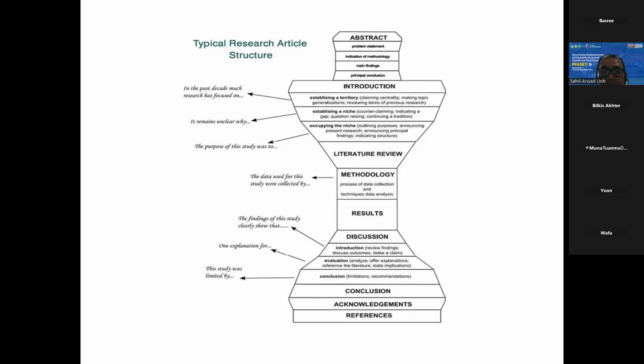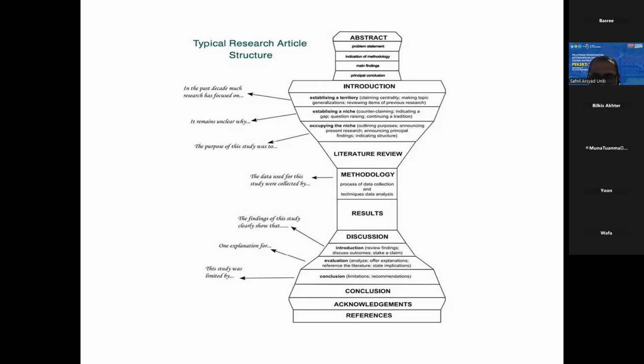Or you can even do research on part of a section. For example, in the introduction, you only focus on the first and second paragraphs, which is called a centrality claim. In the literature review, for example, you may be interested in analyzing the citation style and the argument style.